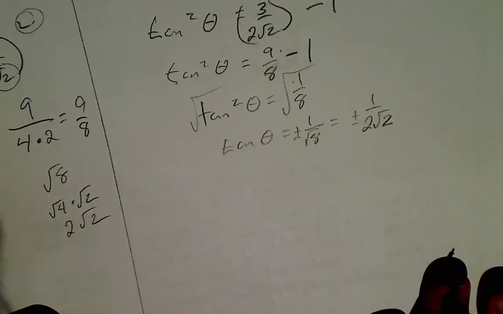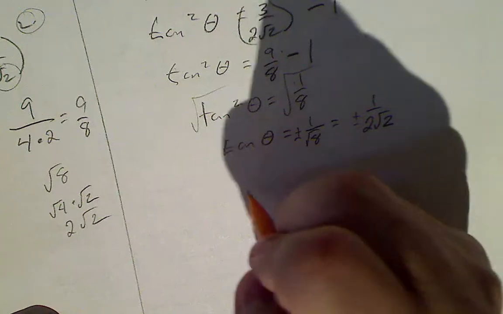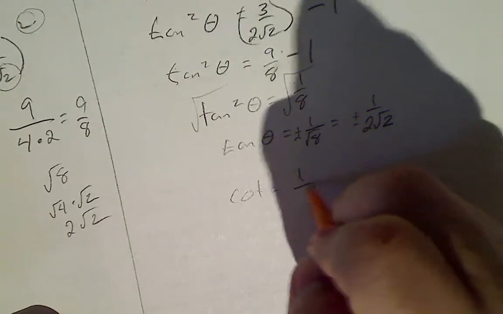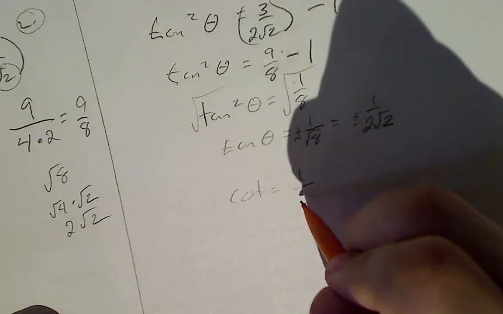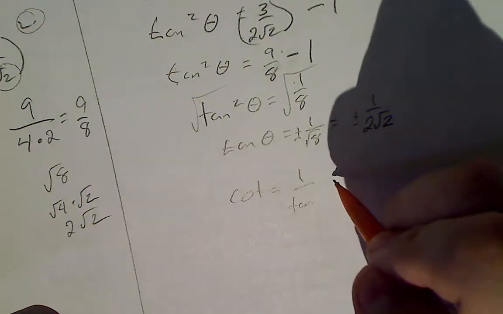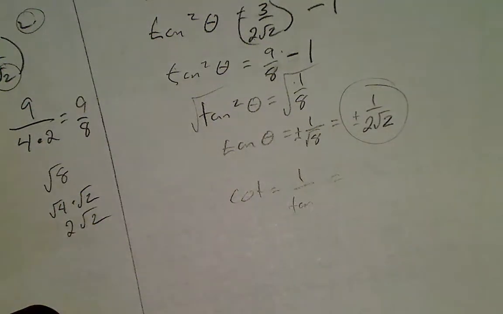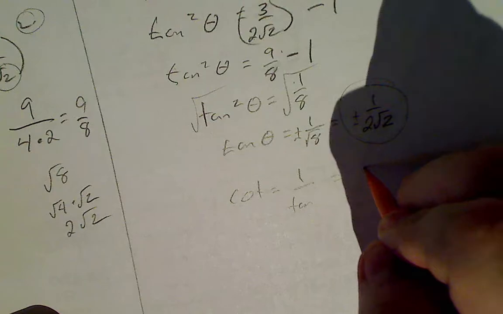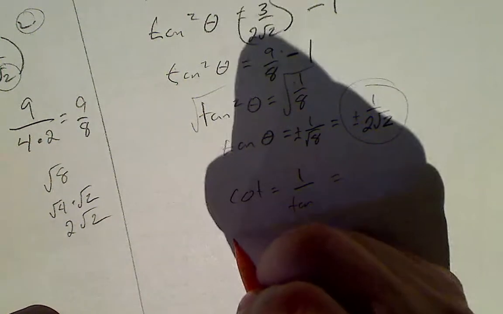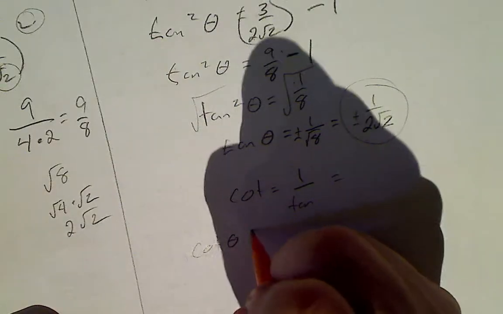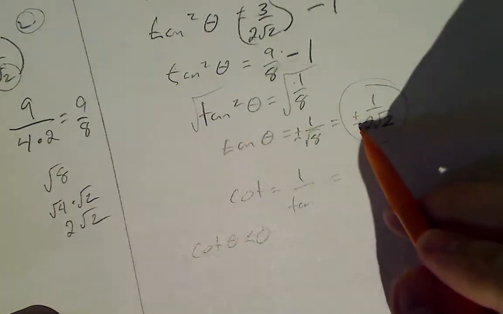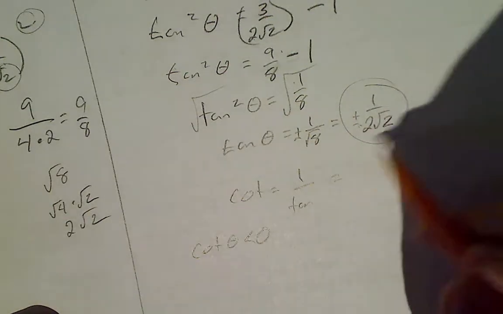I need the cotangent of theta. Cotangent is equal to 1 over tangent. So that's going to essentially become the reciprocal of this value. And because I want the cotangent of theta to be less than 0, I only want the negative value of this, because that'll be less than 0.